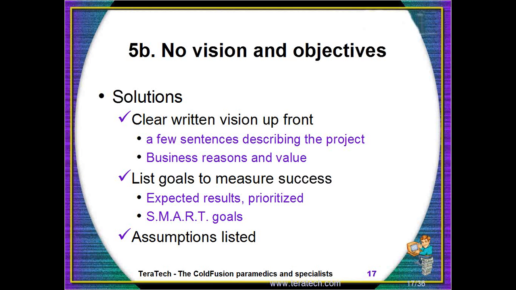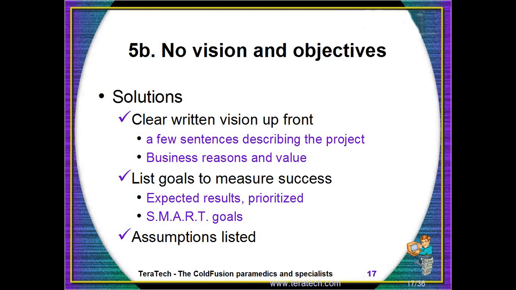And then you might list some goals, perhaps how fast the application runs, or what kind of sign-up percentage you get, or other things. You might want to make those SMART goals, in other words, specific, measurable, achievable, realistic, and time-based. Another very important thing related to this is to list out any assumptions you've made about the environment.